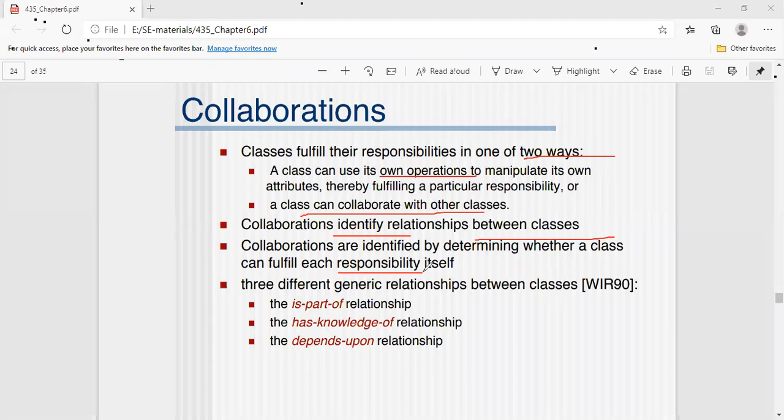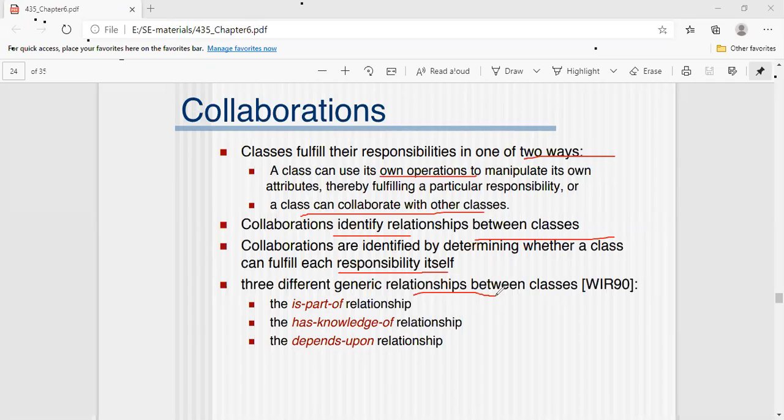So whether the class is fulfilling the responsibilities itself or it needs some collaboration with other classes. If it needs the support of some other class, there are three kinds of relationships between classes.